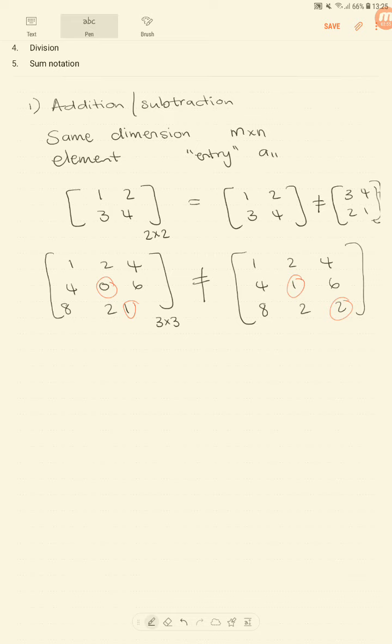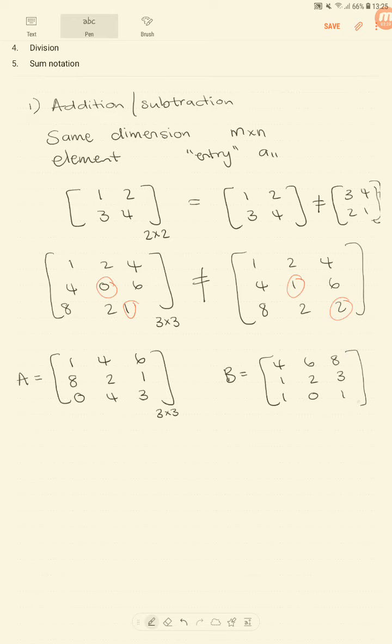So for example, if we have matrix A equal to 1, 4, 6, 8, 2, 1, 0, 4, 3. This is a 3 by 3 matrix. And we have matrix B equal to 4, 6, 8, 1, 2, 3, 1, 0, 1.